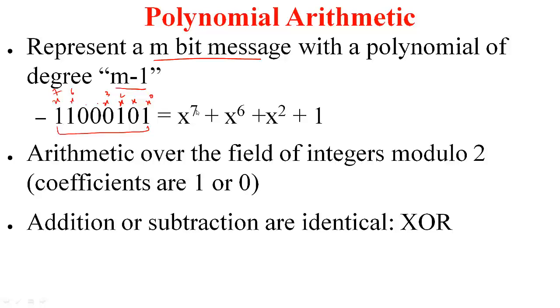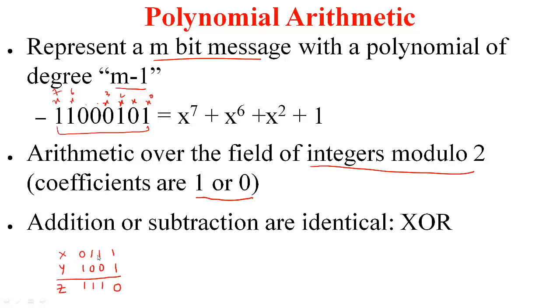As you can see, since these coefficients are 1, only x^7, x^6, x^2 and 1 are represented. When you're adding or subtracting these polynomials, those additions are carried over a field of integers modulo 2. That means basically the coefficients are always going to be 1 or 0.